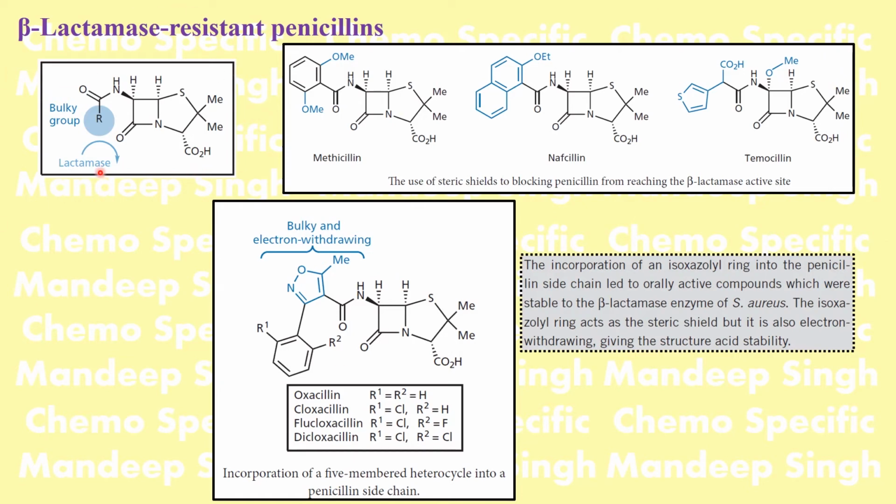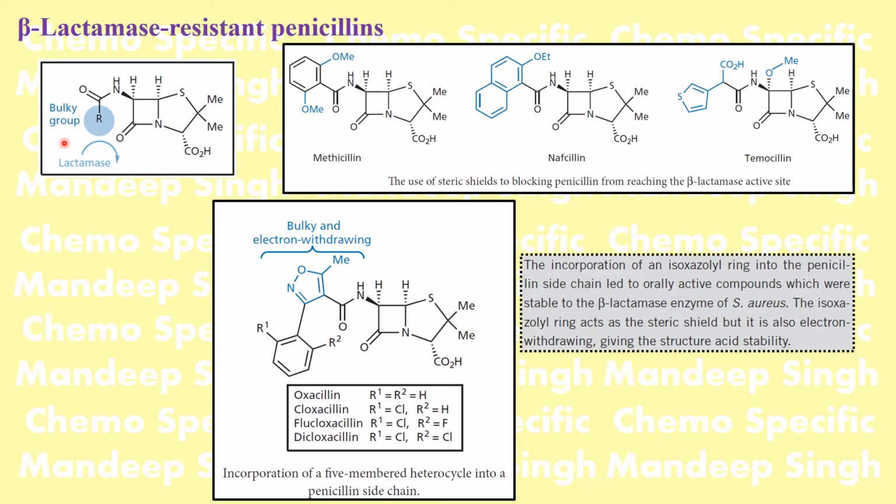Now what about beta-lactamase resistant penicillin? We know that beta-lactamase hydrolyzes this particular bond. One of the initial approaches explored was to place a very bulky group here, so that the lactamase enzyme cannot approach this carbonyl.